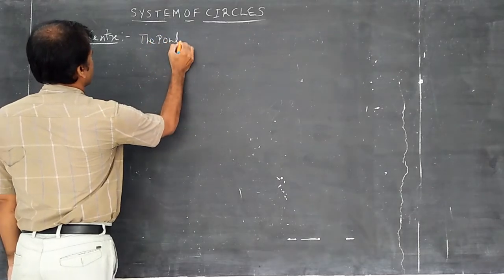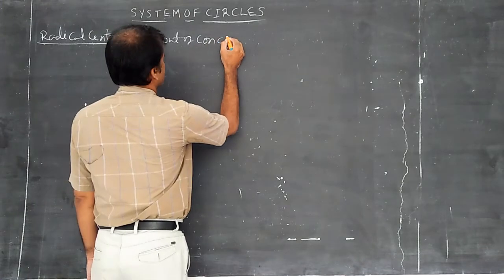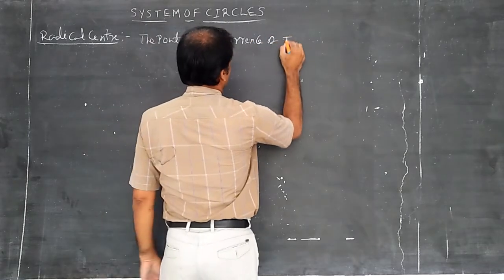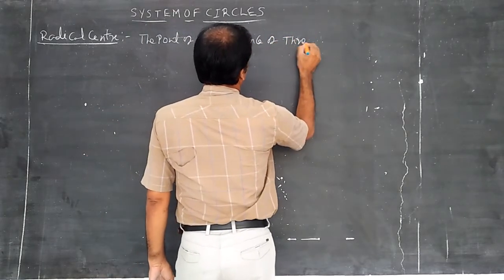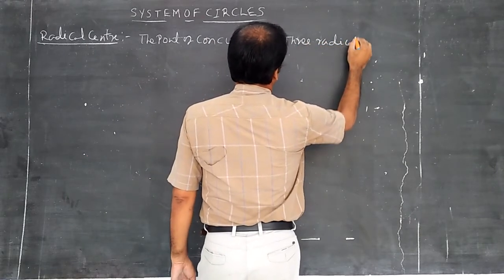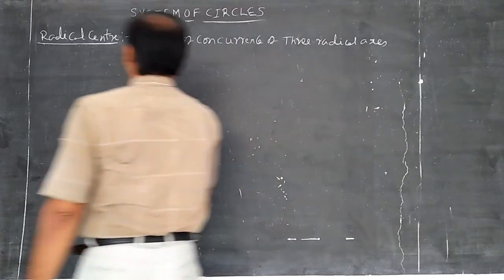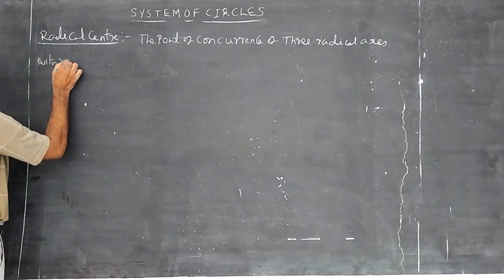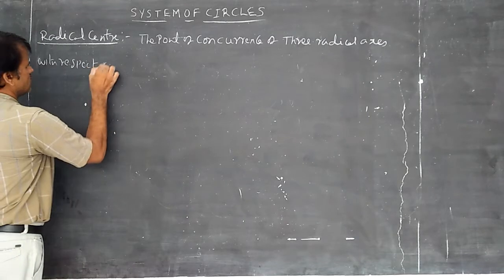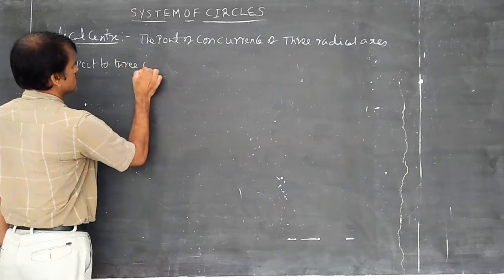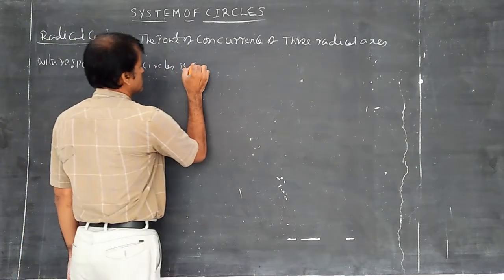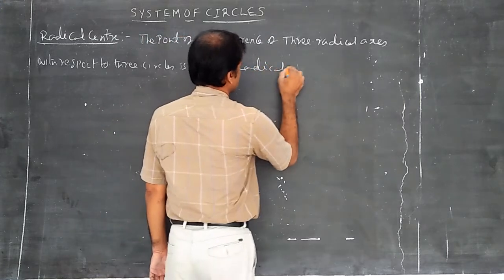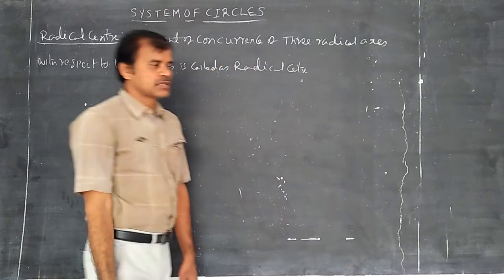The point of concurrence of three radical axes with respect to three circles is called the radical center.